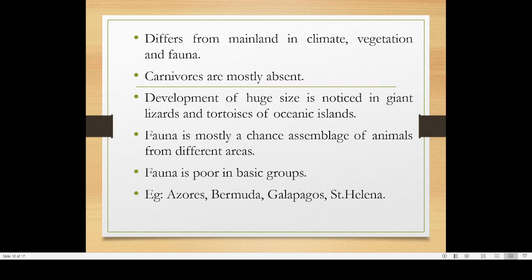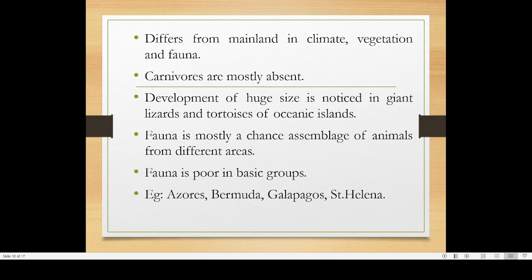Now, the importance of oceanic islands is that if you look at the animal fauna of an oceanic island, there is a lot of difference or dissimilarity between the animals of the oceanic island and the nearby continent, and they differ in climate. So when a land is very far from the nearby area, 1,000 or 2,000 kilometers, there will not be any similarity in climate.